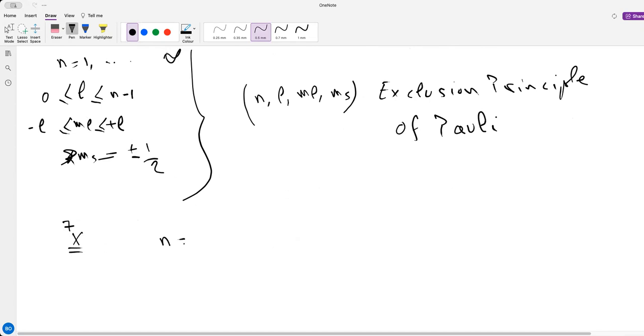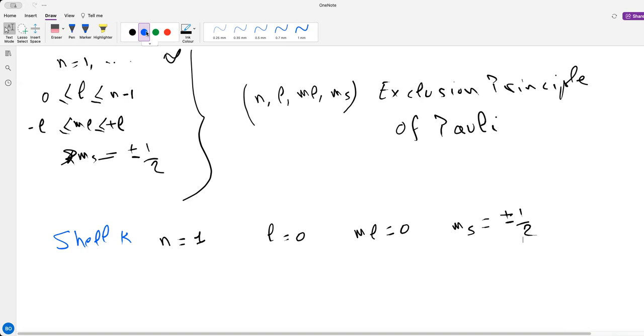So again, we always start from n equal 1, which is shell number 1, shell K. Then L equals 0, and m_L must be equal to 0, and then m_s is equal to plus or minus 1/2.